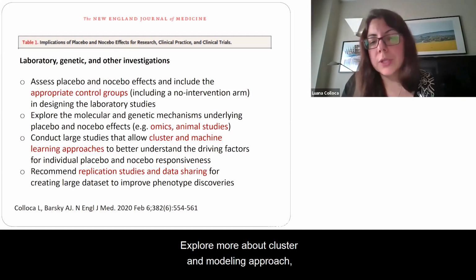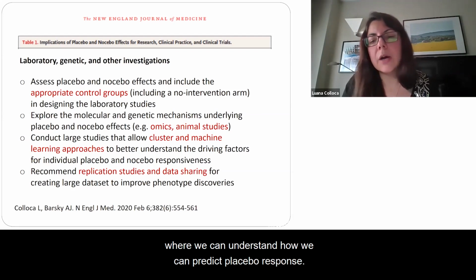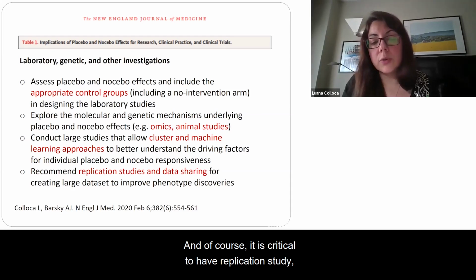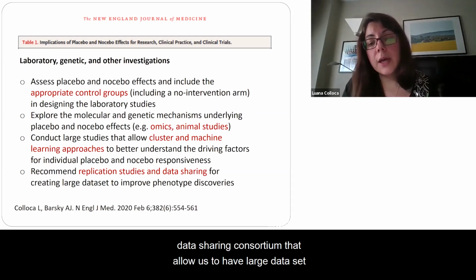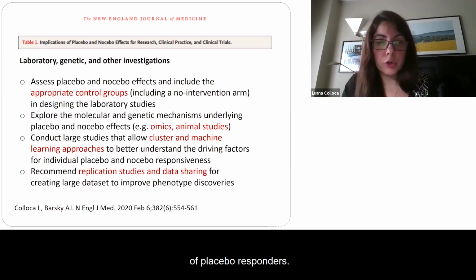Explore more cluster and modeling approaches to understand how we can predict placebo response. And of course, it is critical to have replication studies and data sharing consortia that allow us to have large data sets that will help discover phenotypes of placebo responders.